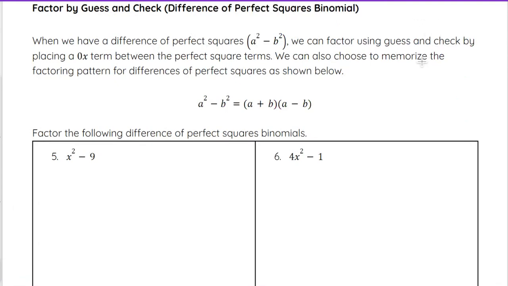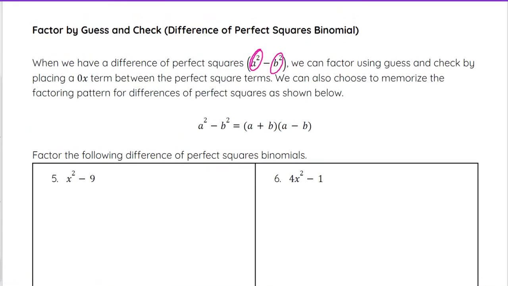So now we have a special type of factoring by guess and check. If we have a difference of perfect squares, which we've talked about briefly, a difference of perfect squares is just a perfect square minus another perfect square. Remember that perfect squares are numbers that have a whole number times itself that gives you that number, or a variable times itself that gives you that number.